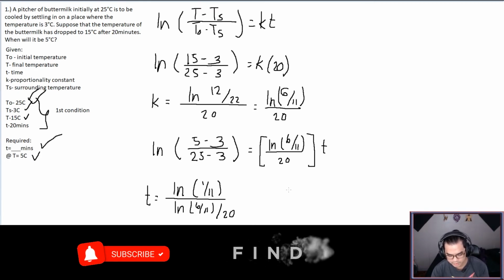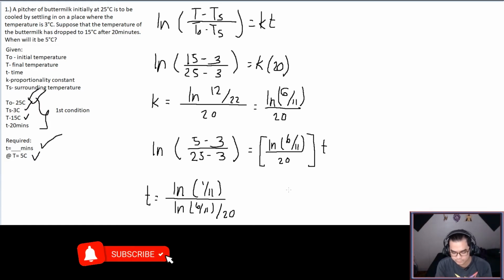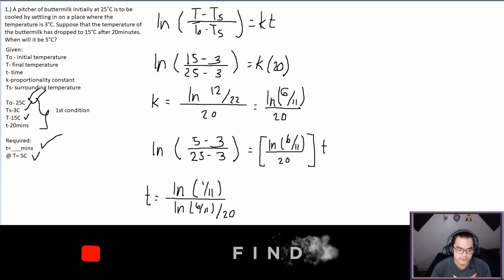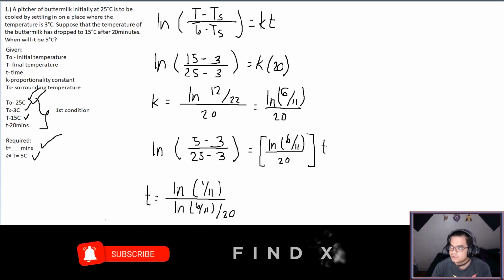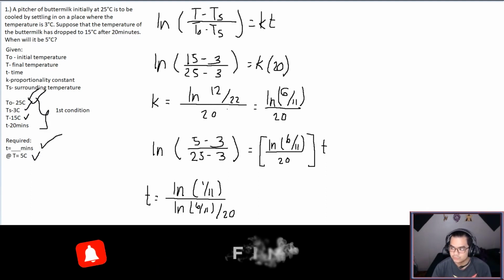So let's try that out: ln of 1 over 11 all over ln of 6 over 11. Okay, so the answer that I got is 79.12.